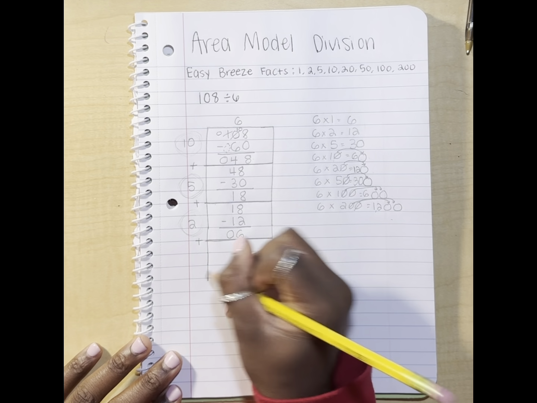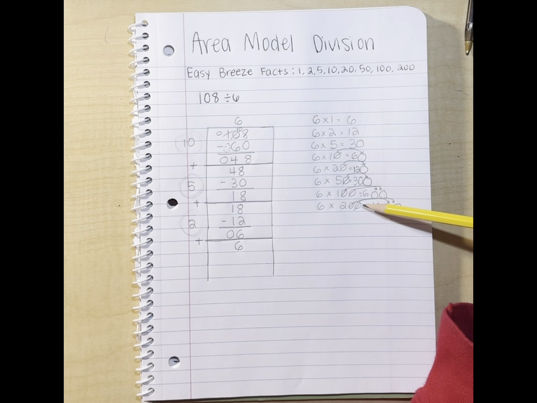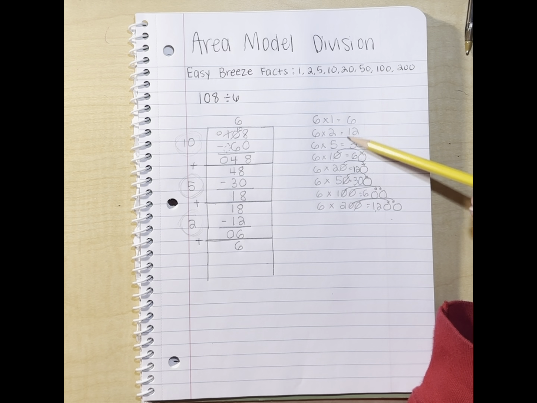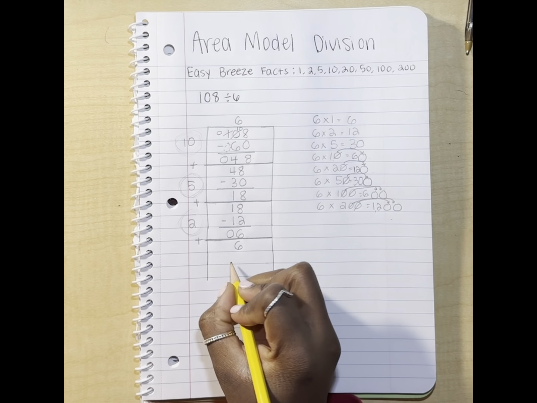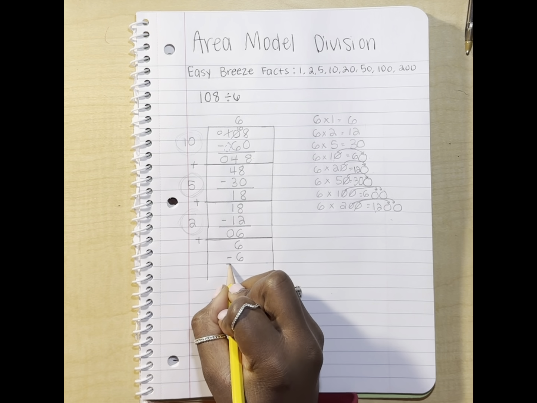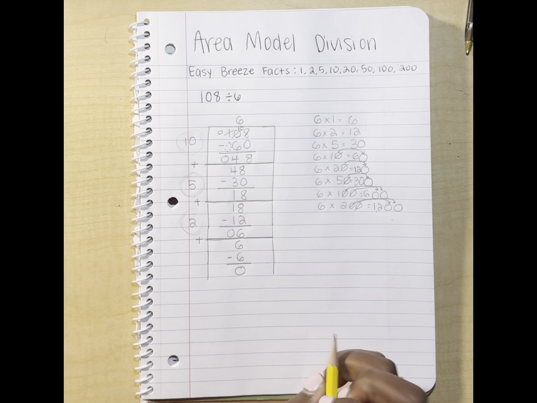So what number over here allows me to get as close to 6 without being bigger than 6? It's 6. So we're going to subtract 6. We get 0. And draw a long line. Now, we're not finished, not yet, because we have to figure out what number goes on this side.